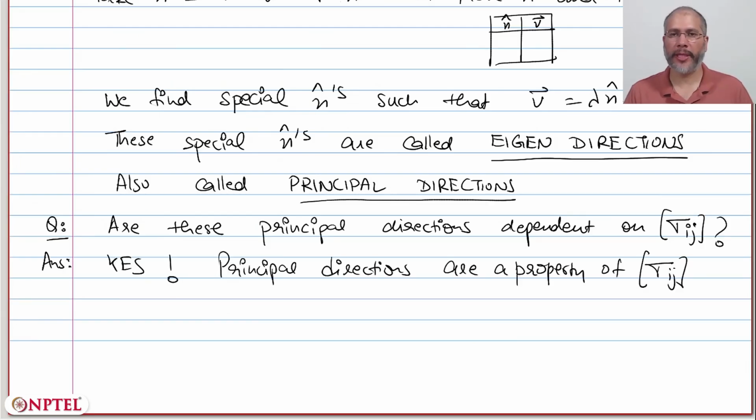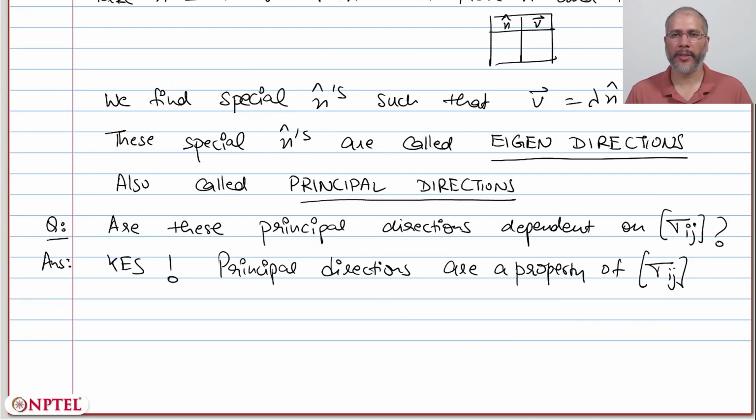Now, since these directions are important, I would want to know these directions. The question is, how do we find these directions for a given sigma? Of course, I cannot perform an infinite number of experiments. That is, I cannot use the brute force method where I guess an n hat and try to find a v vector and keep doing that until I find the principal directions.